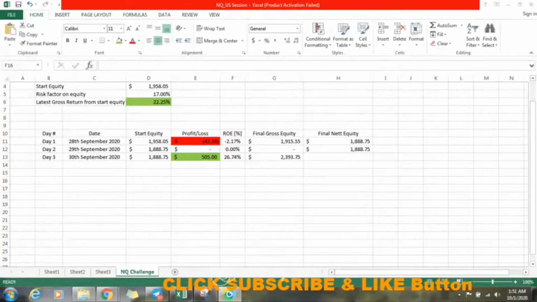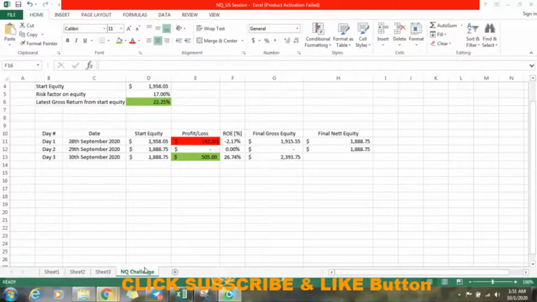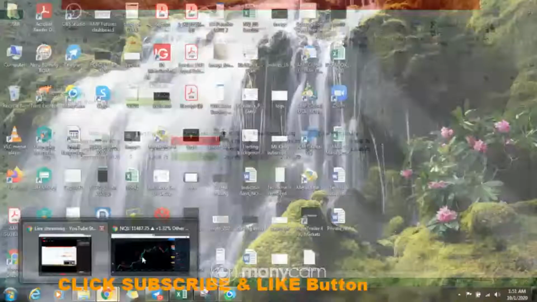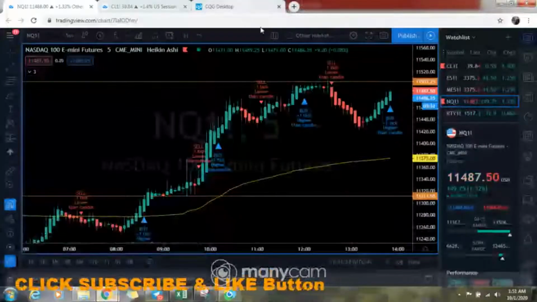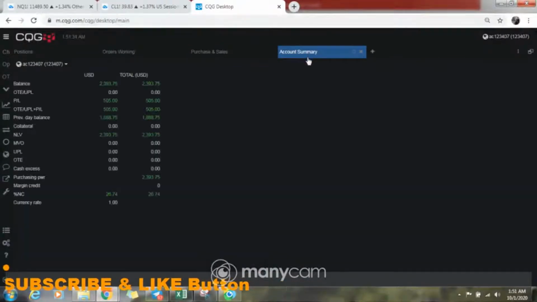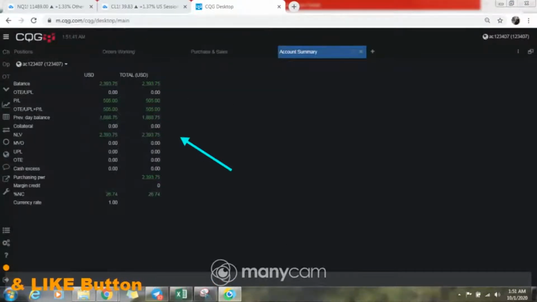And the final is 2,393. Okay, so back to the platform, we can see that the final value is 2393 as expected, and the start value, as I mentioned just now, is 1888.75, based on the day one net equity we have.